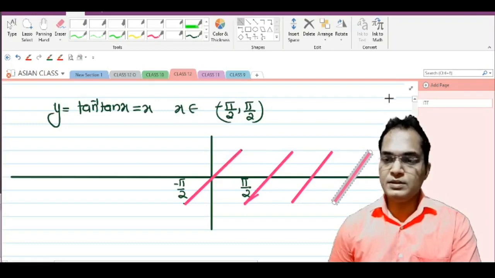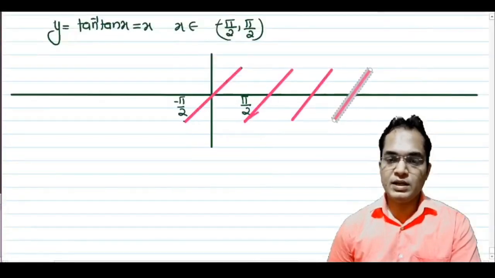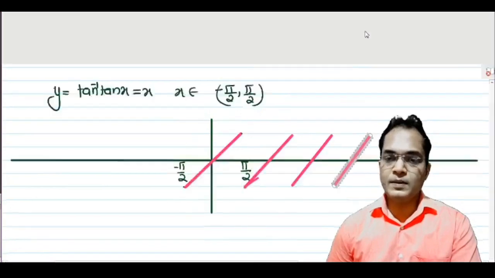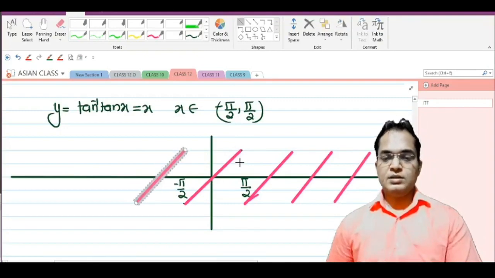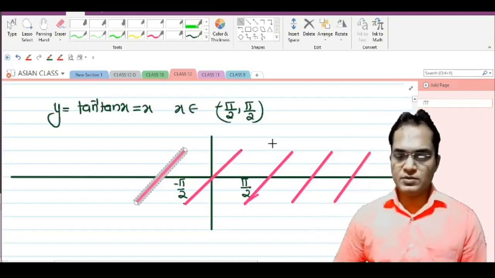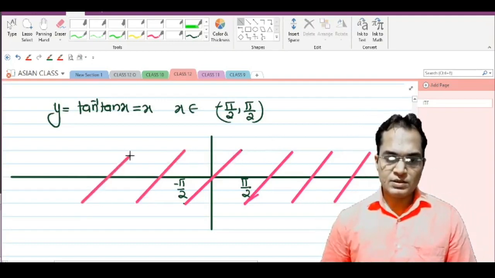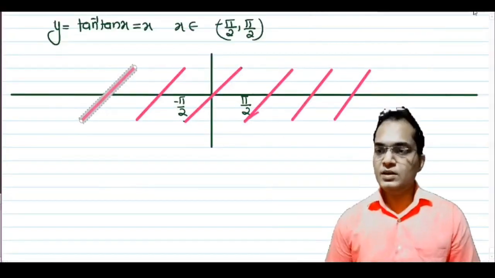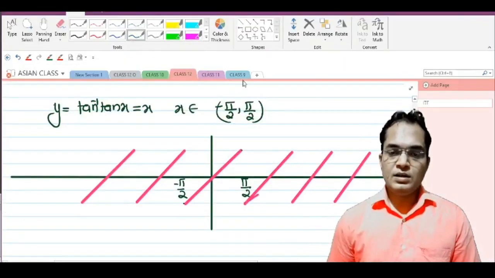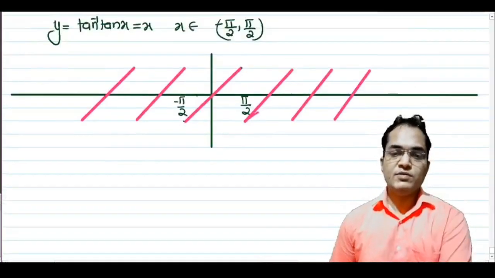I can remove this line. We have to draw this line like this. This is not approximately parallel lines. Okay, and again you can say like this. Now see, what is the nature of the graph?